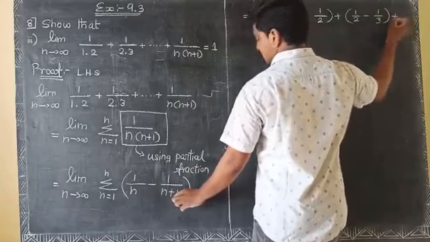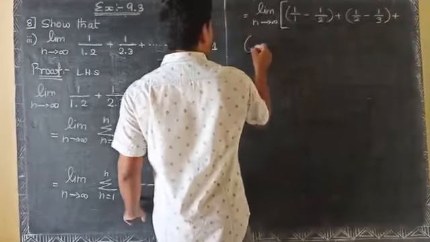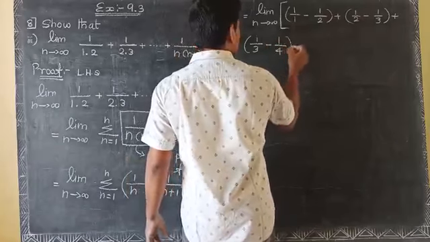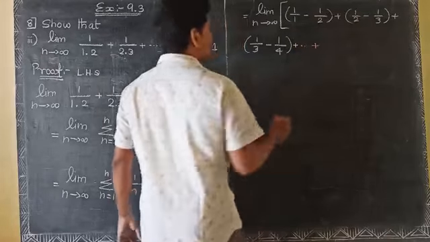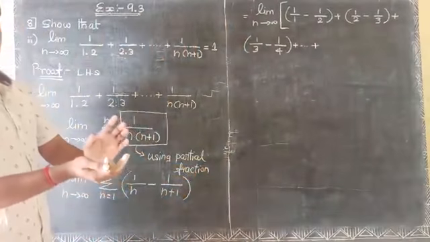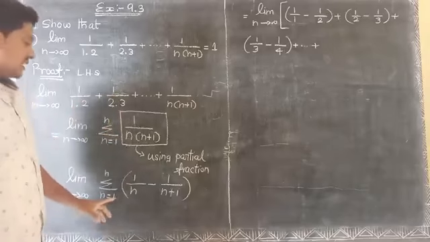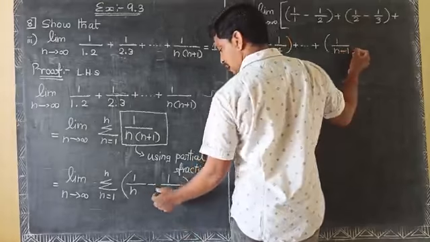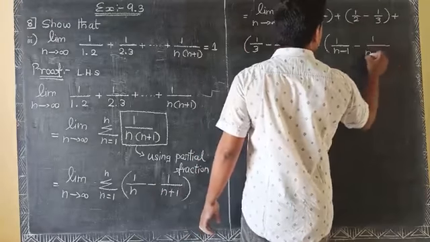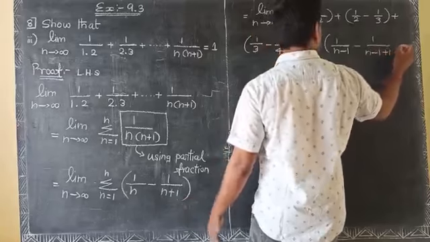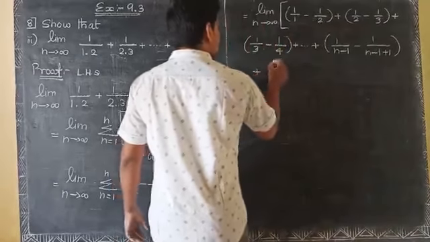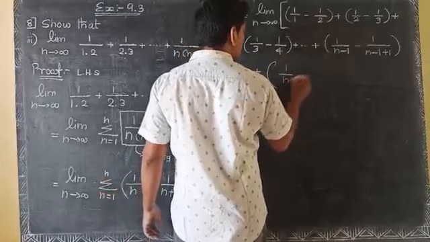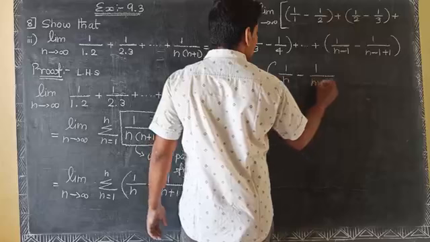Plus substitute n equal to 3: 1 divided by 3 minus 1 divided by 3 plus 1, which is 4, plus and so on. Substitute the term previous to the last, n minus 1: 1 divided by n minus 1 minus 1 divided by n minus 1 plus 1. Plus the last term, replace n equal to n: 1 divided by n minus 1 divided by n plus 1.